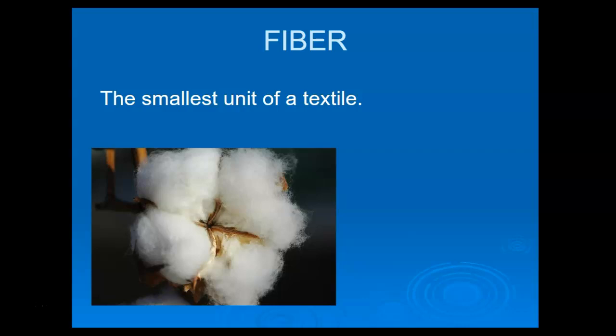And later on in this unit, we're going to talk about how the fibers are spun by a spinning wheel or a spinning jenny. You guys remember the spinning jenny in the first unit, 1.01.